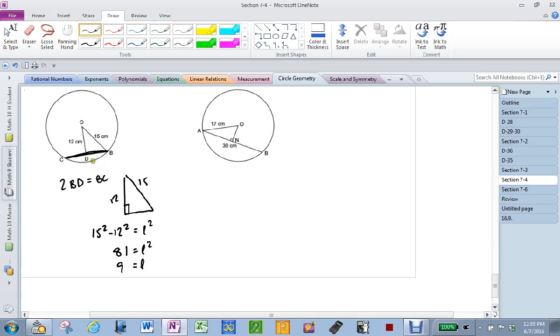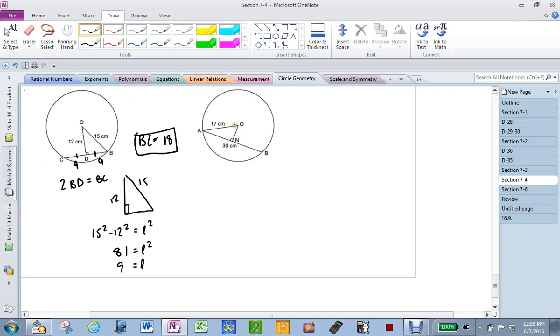So L is 9. So I know this is 9. But I know I need 2 of them. So it's 18, because this 90-degreer tells me these guys are the same, right? So I need 9 and 9. So BC must be 18. Yeah? Okay.